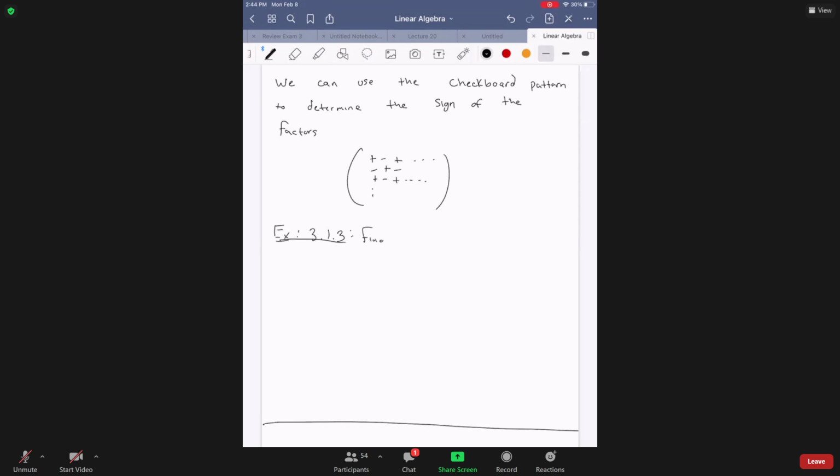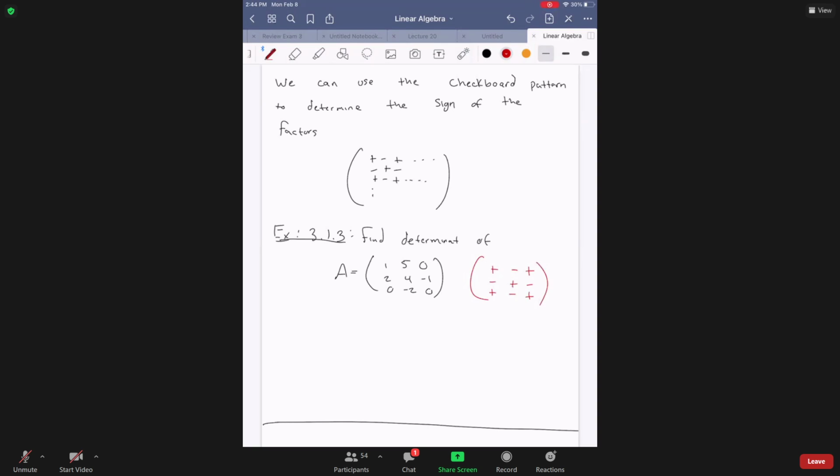Find the determinant of, say, A equals 1, 5, 0, 2, 4, negative 1, 0, negative 2, 0. And then I'm going to keep this checkerboard pattern here: plus, minus, plus, minus, plus, minus, plus, minus, plus.